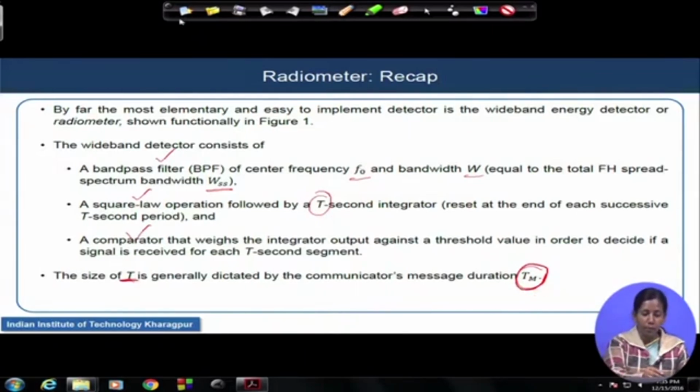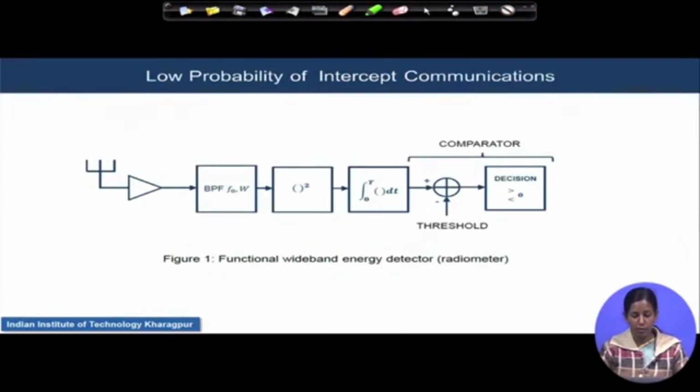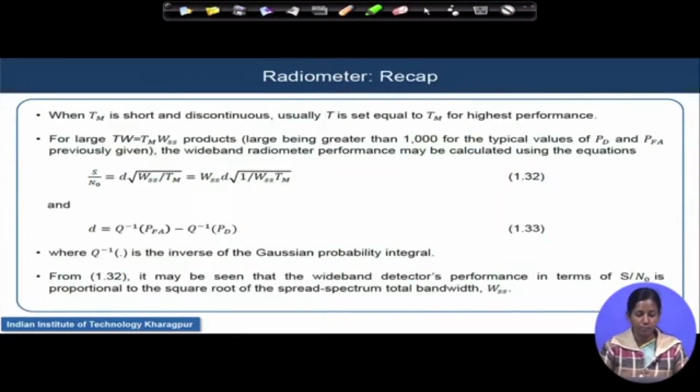Once these were set, we also saw in the radiometer the signal to noise ratio and the time bandwidth product, which is the product of the message time duration Tm and the frequency hopping spread spectrum total bandwidth WSS. When this product is very large, the wideband radiometer performance can be calculated using equation 1.32, an alternative equation for the signal to noise ratio that we have seen in the last module.